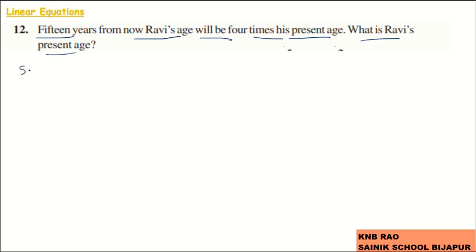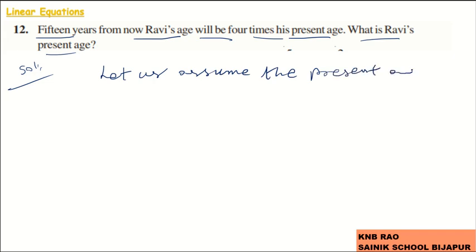So, here clearly we do not know the present age, that we will assume. Let us assume the present age of Ravi as, you can assume with any variable, now I will take the present age of Ravi as r years.